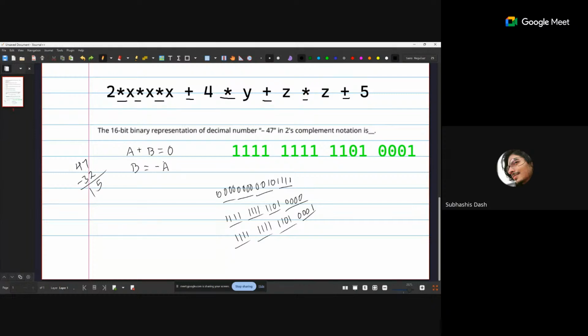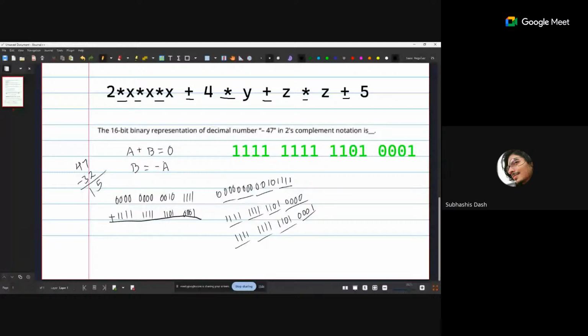So let's just add both of these and see what happens. 0, 0, 0, 1, 0, 1, 1, 1, 1. Yeah, so this is essentially what we have. So let's add this and see what we get.